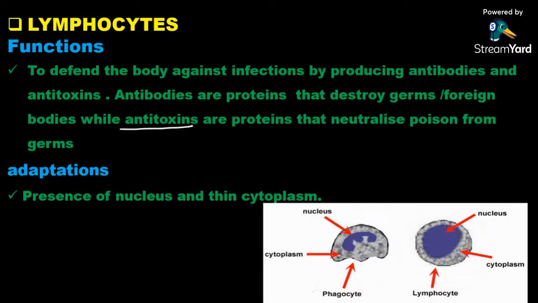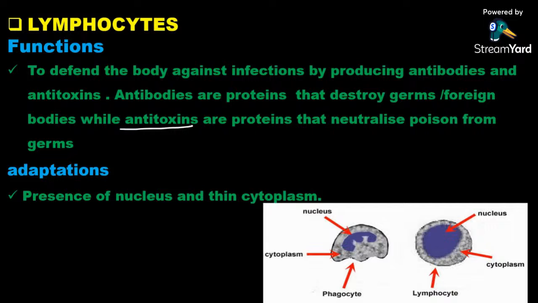Or let's say you happen to take some poisonous food or poisonous drinks. This is the one that produces these antibodies or antitoxins to neutralize the poison that might have entered the system. What are the adaptations?